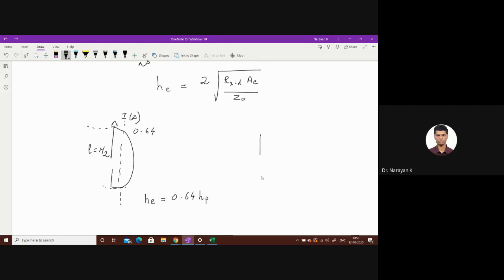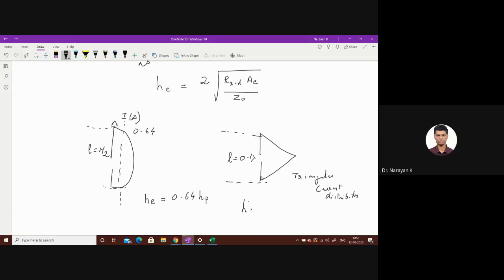Suppose I take another case. You have a triangular current distribution, and your length is equal to 0.1 times lambda.